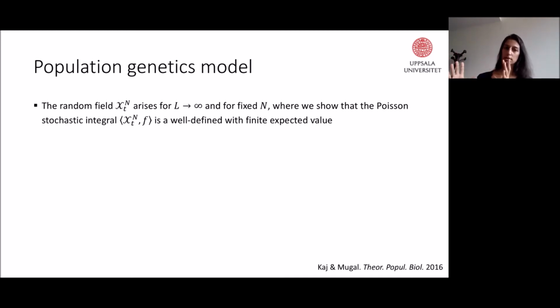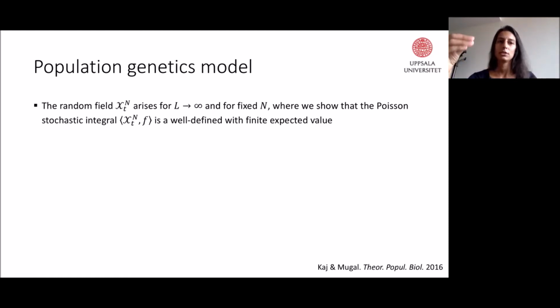This Poisson stochastic integral is well defined, which means it has finite expected values, for finite n, but also for n towards infinity. I'm not going to take credit for the proof, because it was derived by my collaborator Ingemar Kai, and the work is published in Theoretical Population Biology.